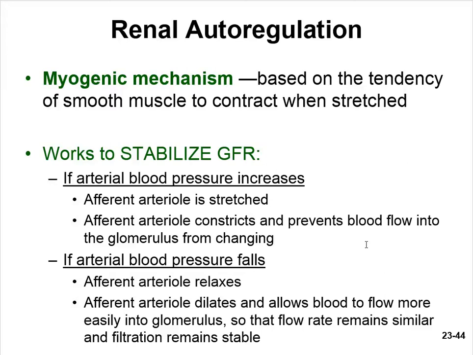So it helps again to stabilize it. If the arterial blood pressure falls, then the afferent arteriole relaxes and dilates and allows blood flow to go into the glomerulus more easily, so that the flow rate remains similar and the filtration again remains stable.